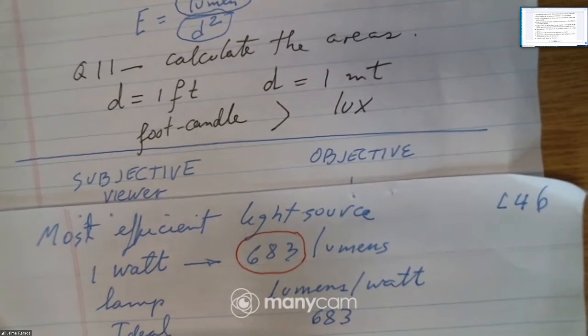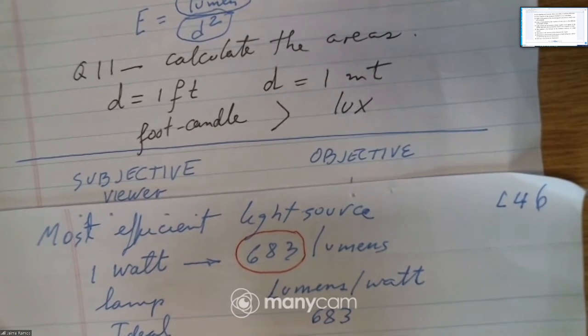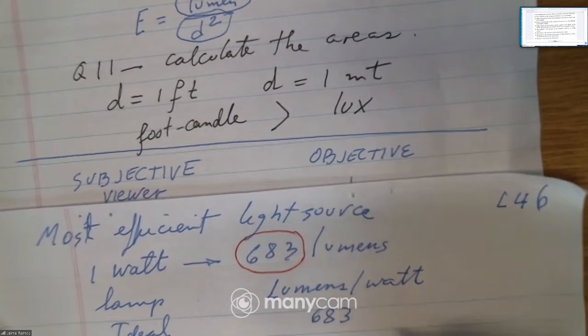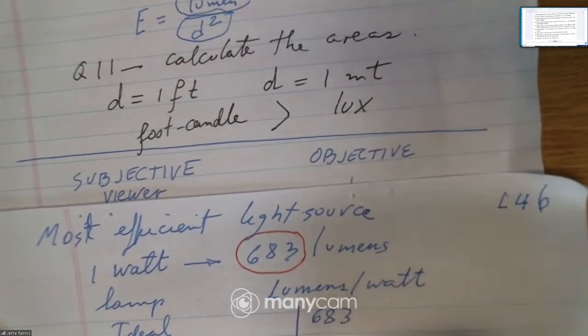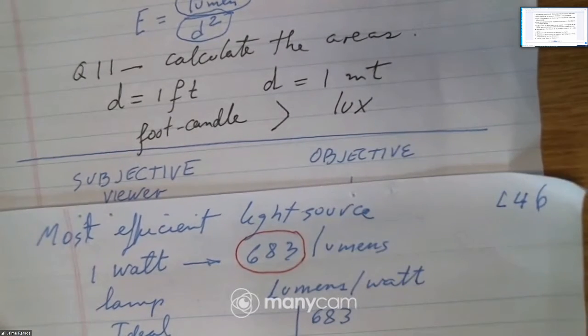A 200 watt incandescent has 20 lumens per watt. These are all numbers from the book.